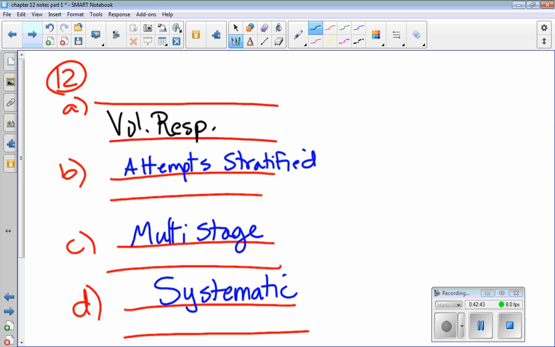If your sampling method is relying on people choosing to respond, that's voluntary. The book calls it a voluntary response sample. I've never really heard that before until I got this book, which I'm fine with. It's just not something that I know. It's a type of bias.